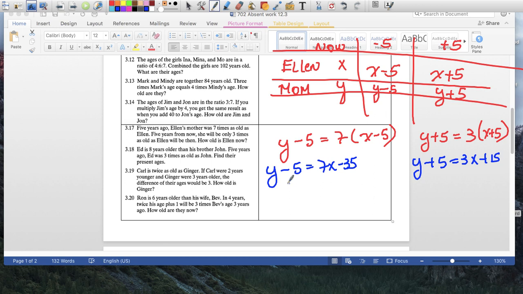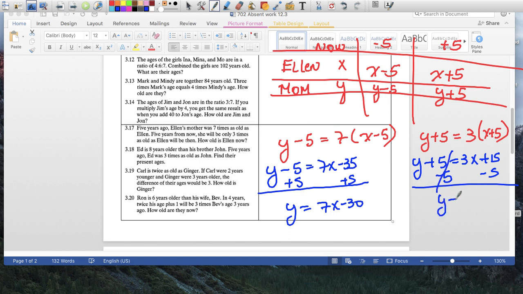I'm going to add 5 to both sides, and I get that Y equals 7X minus 30. On this side, plus 15, let me subtract 5 from each side, and that goes to 0, and I get Y equals 3X plus 10.